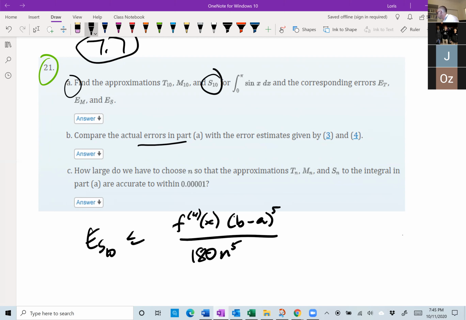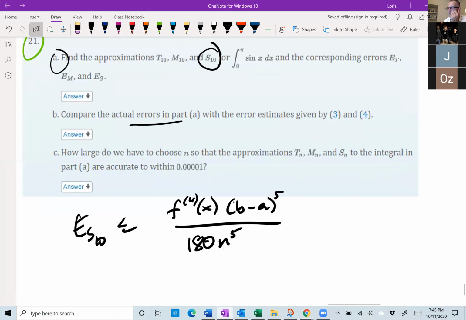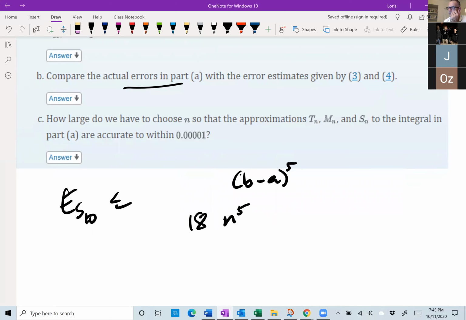Let's look at the book. I'm close. It's n and then something else. There's a K. I forgot the K. And K has to do with the fourth derivative.